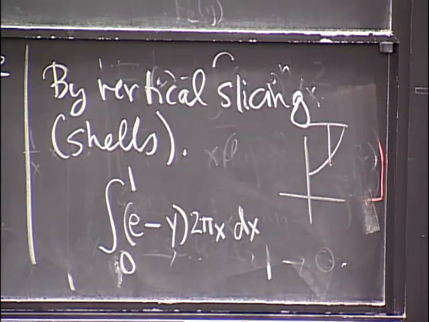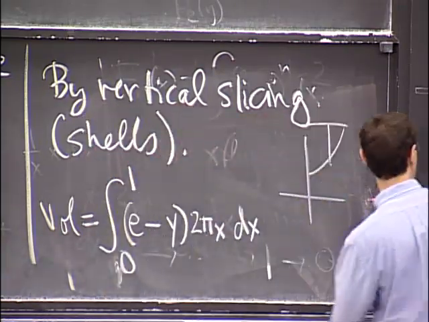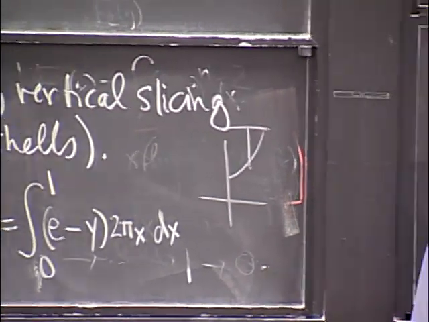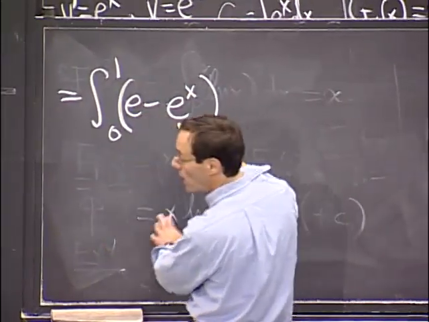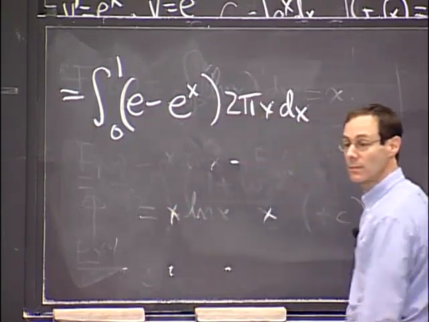All right, so here's our new volume expressed in this different way. So now I'm going to plug in what this is. It's the integral from 0 to 1 of e minus e to the x. That's the formula for y, 2 pi x dx.